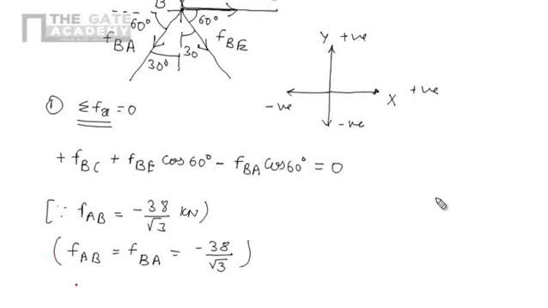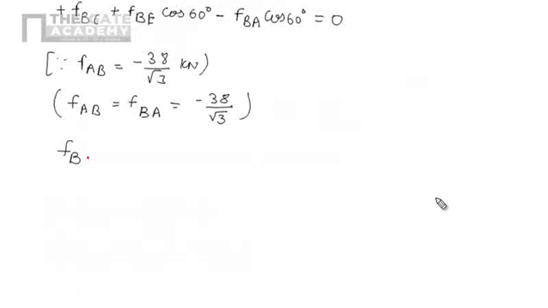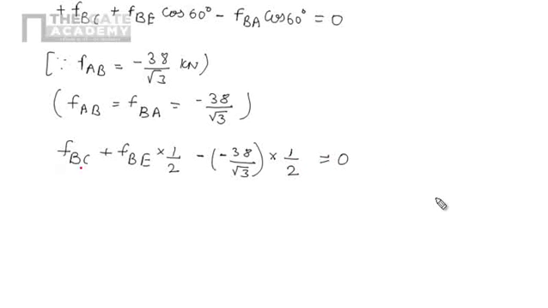If we put this here, we get FBC plus FBE cos 60, which means 1 by 2, minus FBA, meaning minus of minus 38 by root 3, cos 60 again 1 by 2, equals 0.